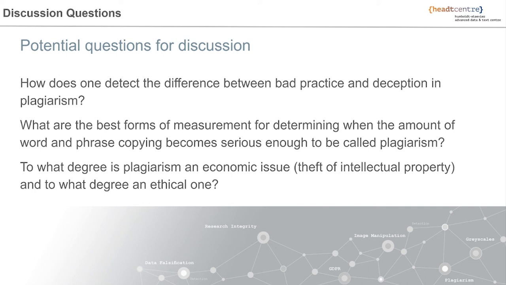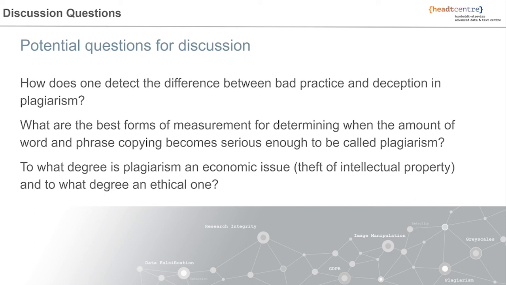What are the best forms of measurement for determining when the amount of word and phrase copying becomes serious enough? I have been revising the Greyscale to give somewhat more precise definition to this. There are areas, for example, such as in the literature review, where you almost certainly are going to repeat many more words because the topic is the same.